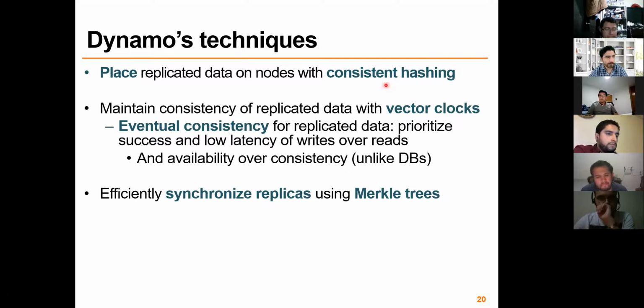They talked about consistent hashing, vector clocks, eventual consistency, and those are basically the algorithms, the ideas that they use, as they mentioned. It's not that they came up with something entirely new, but by merging all these ideas, they could build an amazing database system, a distributed system.